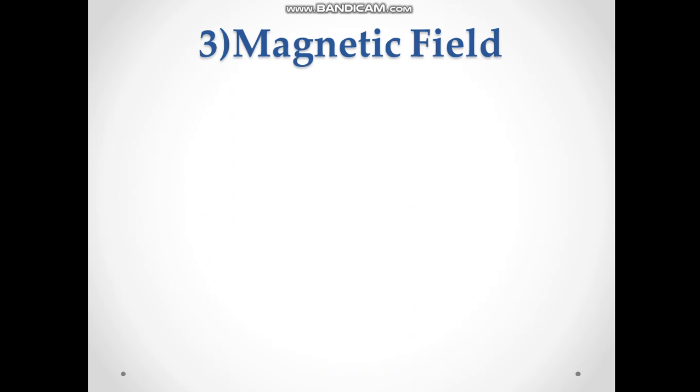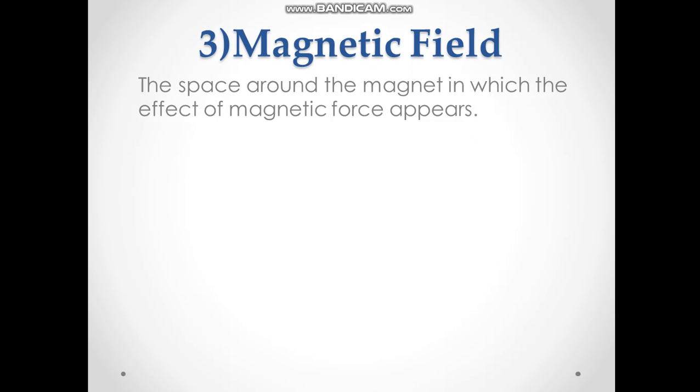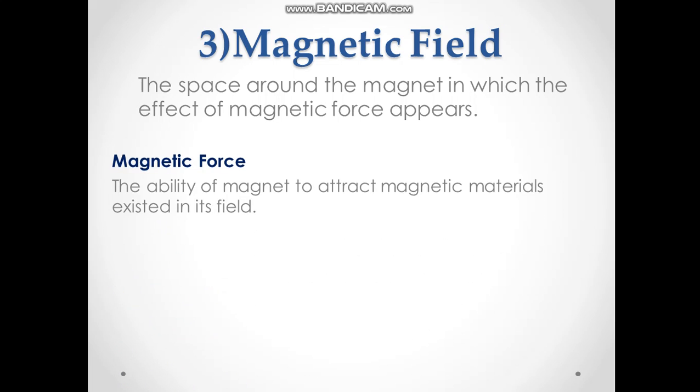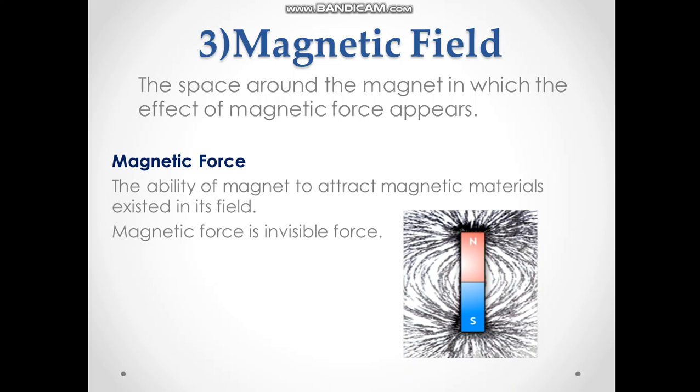The third property is the magnetic field. Magnetic field is the space around the magnet in which the effect of magnetic force appears. What is the meaning of magnetic force? Magnetic force is the ability of a magnet to attract magnetic material existing in its field. And of course, magnetic force is an invisible force.